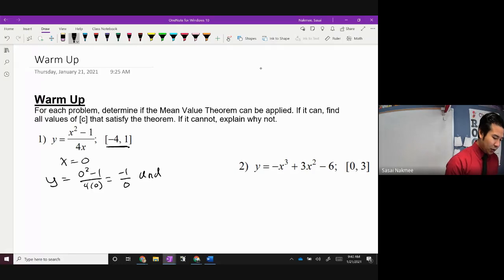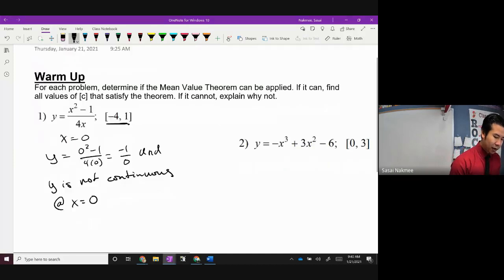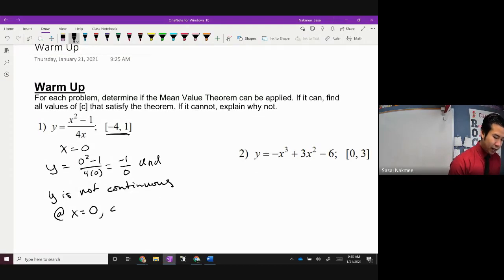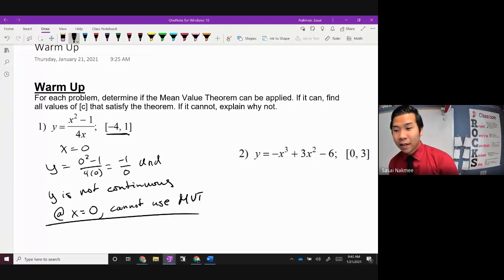So y is not continuous at x equals 0. Therefore, we cannot use the mean value theorem, and that's it.